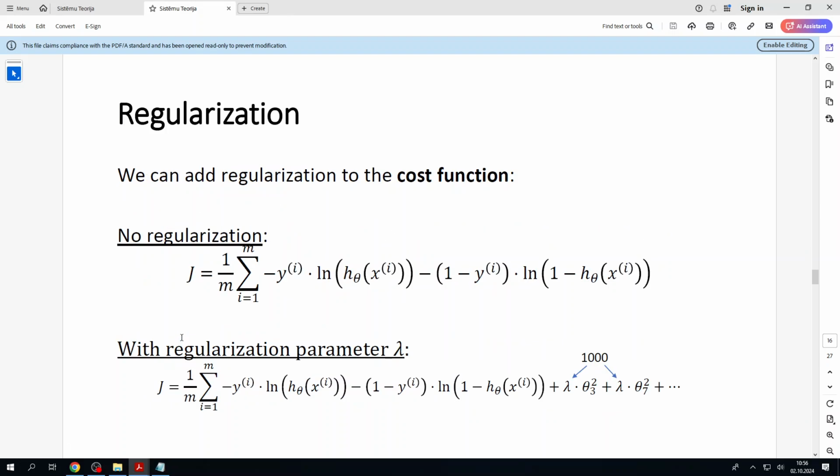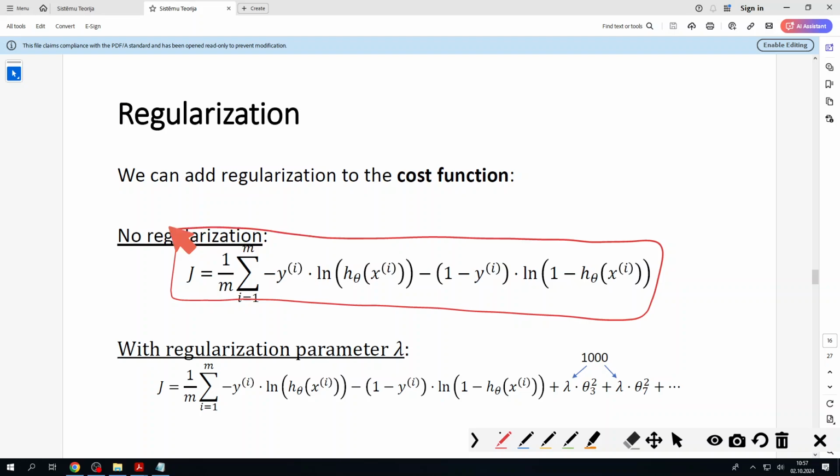So how are we supposed to add this regularization? This regularization can be added to linear regression, to logistic regression, to neural networks, to any kind of algorithm. All you need to do is include an extra term in your cost function. So let's say here we have the cost function of our logistic regression, which looks like this, as we found out last lecture.